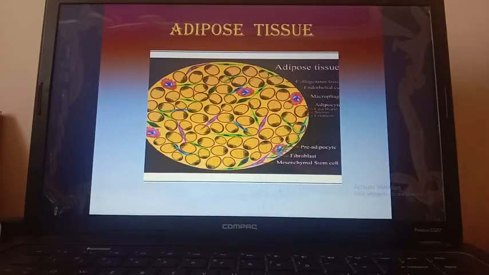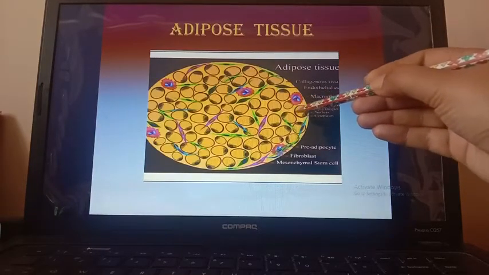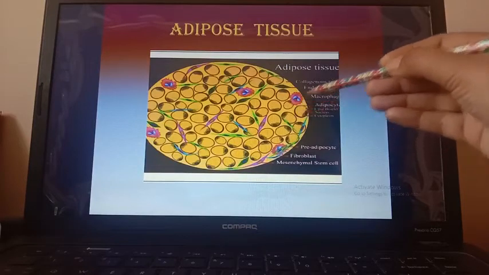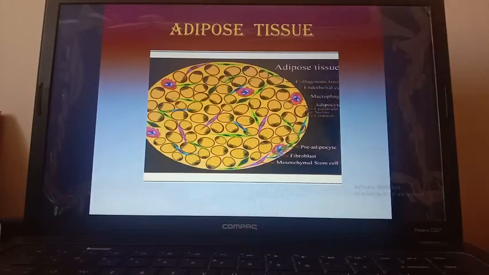The main part of the adipocyte cell is formed by the lipid droplet or fat droplet, because the main function of adipose tissue is to store fat. So fat is stored in the adipocyte cell. The nucleus is present and a small amount of cytoplasm is also present.